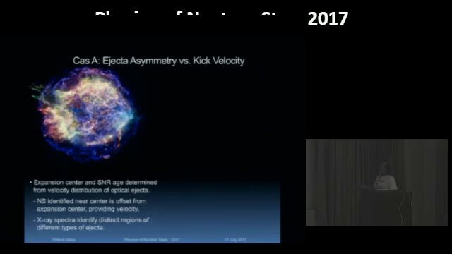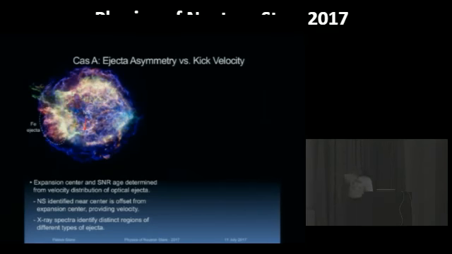And so we know from mapping those ejecta where the expansion center is. And there's the neutron star. The expansion center is somewhere up here. The neutron star motion is in this direction, okay? We can, in the X-rays, this is another Chandra image, map out where different ejecta reside in the supernova remnant.